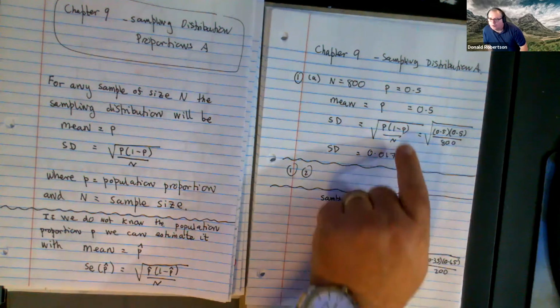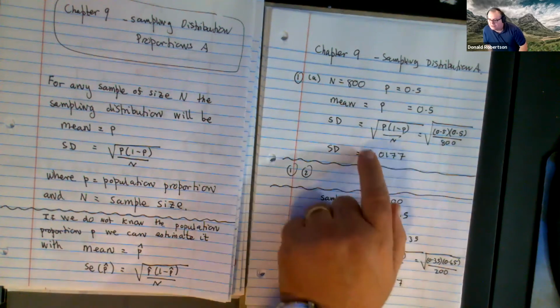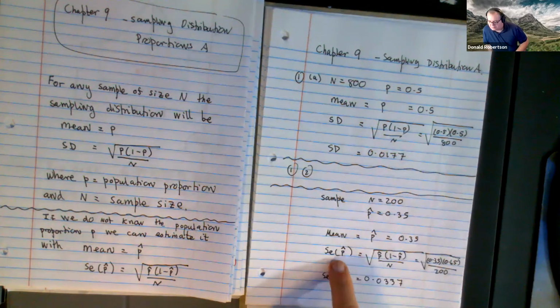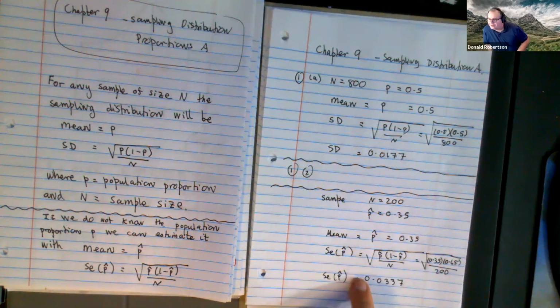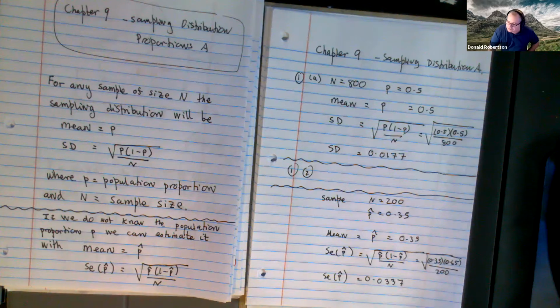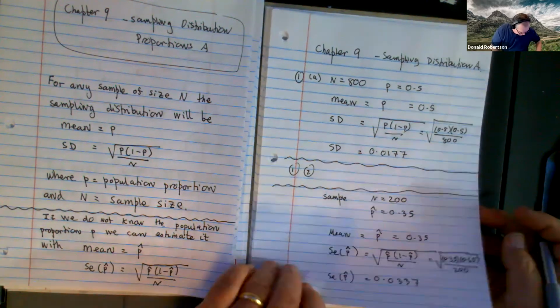When it's a population, you call it p. The standard deviation is this guy. The standard error, although it's a different name, isn't it the same calculation? Are we good? Right. So let me show you some questions where we do that.